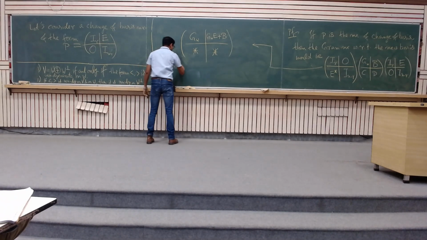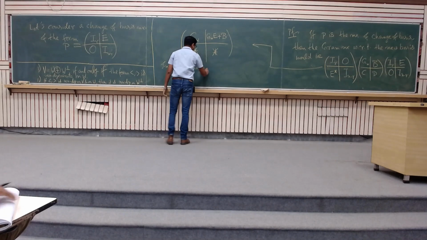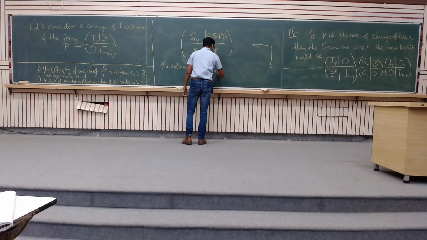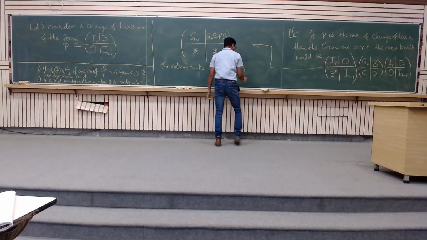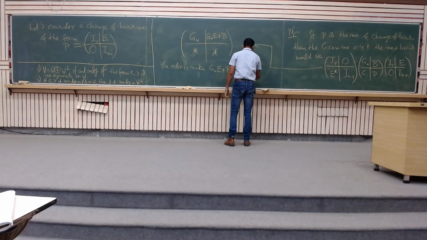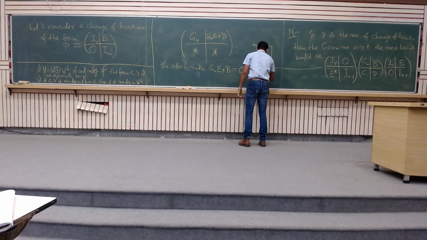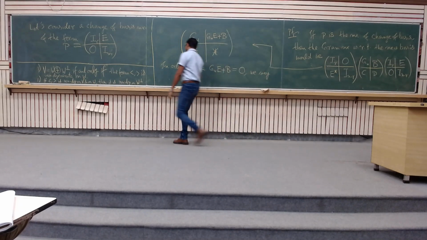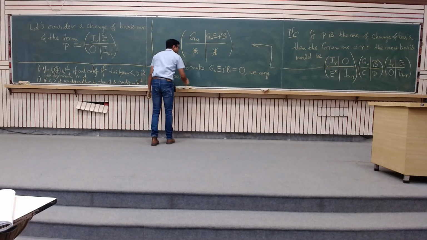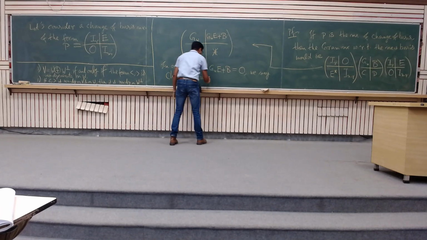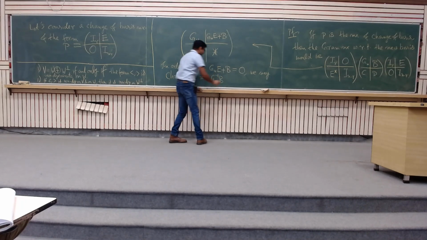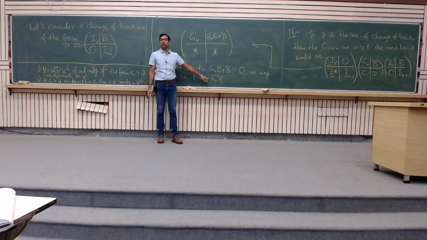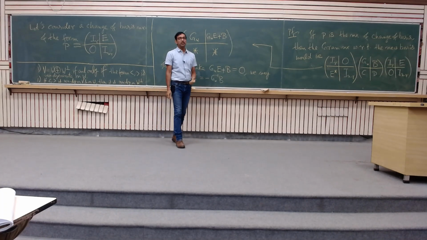In order to make GWE plus B equal to 0, we may choose E to be equal to minus GW inverse B, and we can write this as an inverse exactly because on W the form is non-degenerate.